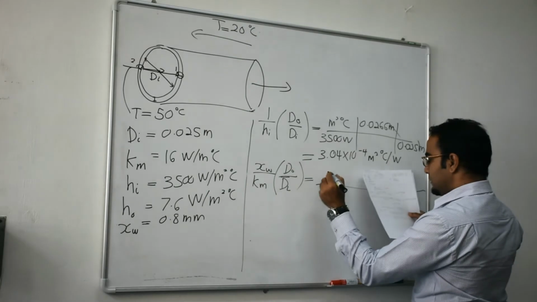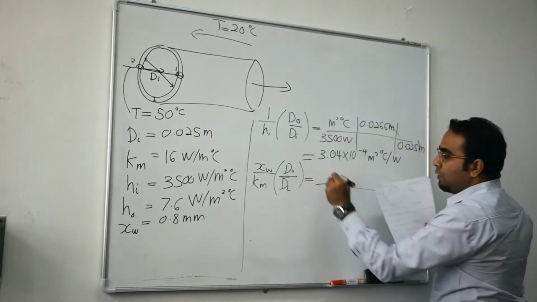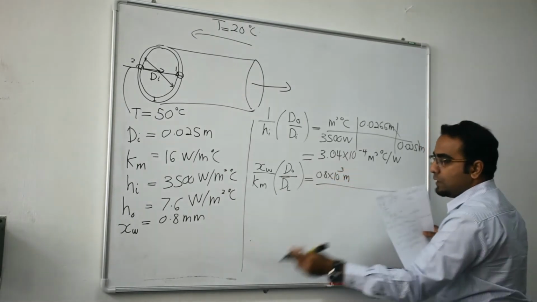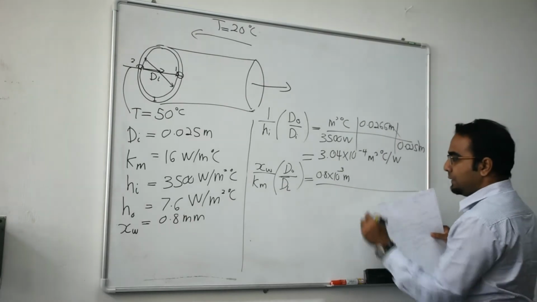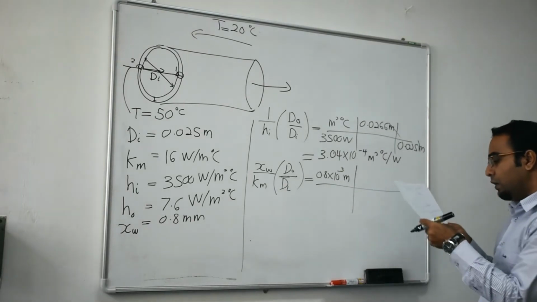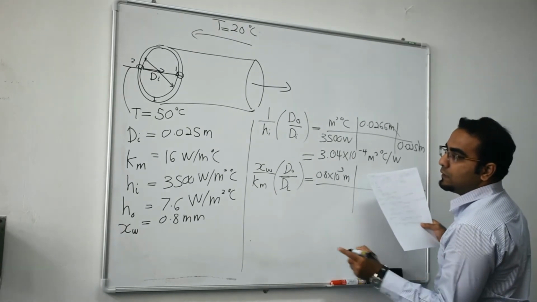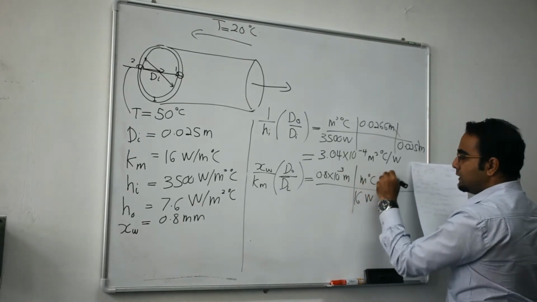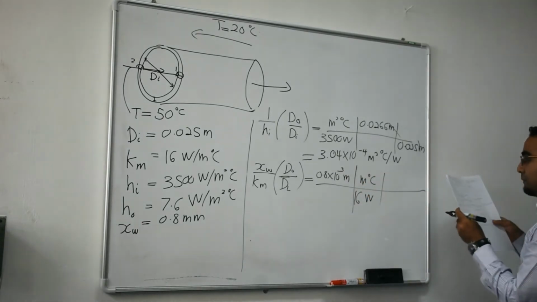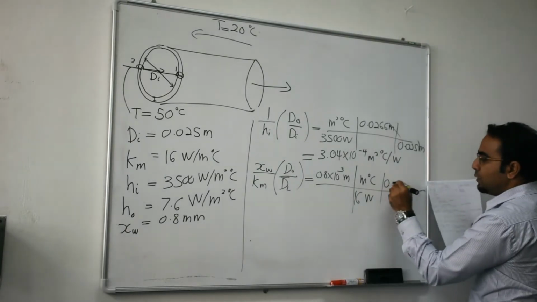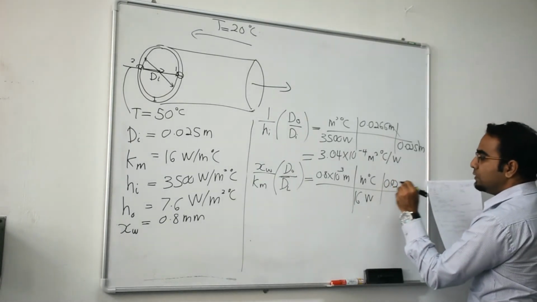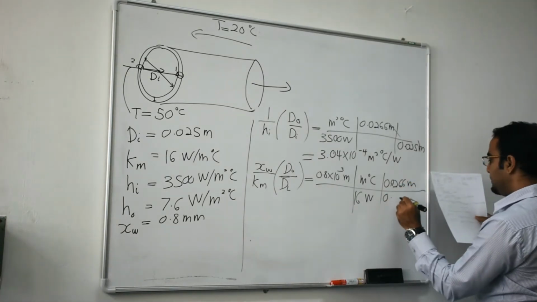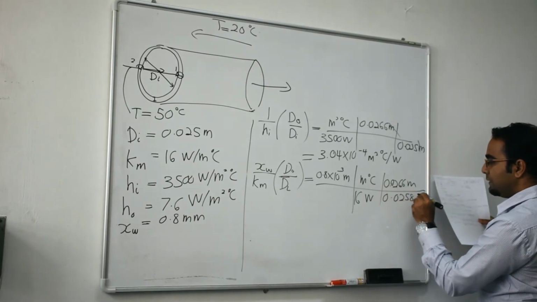XW is 0.8 mm, or also 0.8 times 10 to the power of -3 meter, because milli is equal to 10 to the power of -3, divided by the value of K, which is 16 watt per meter degree Celsius, and then times our DO over DL, which is 0.0266 meter divided by 0.0258 meter.